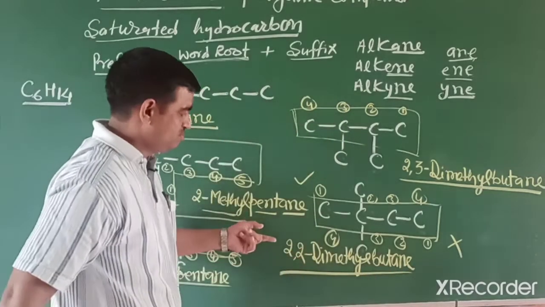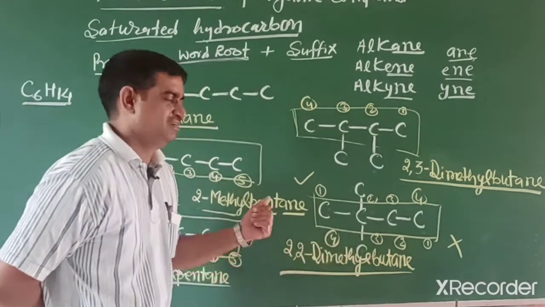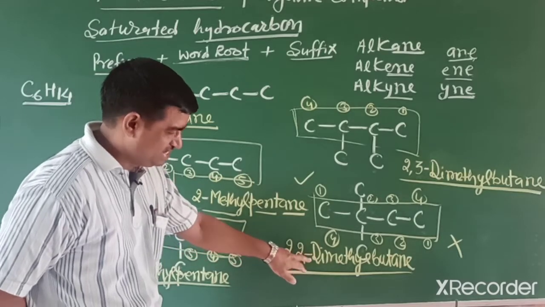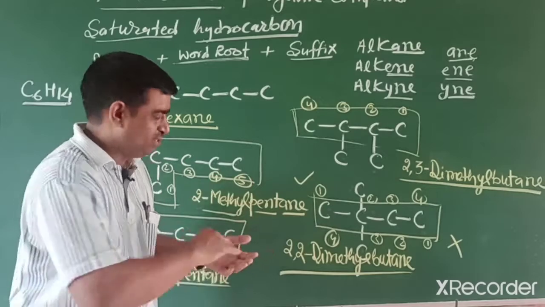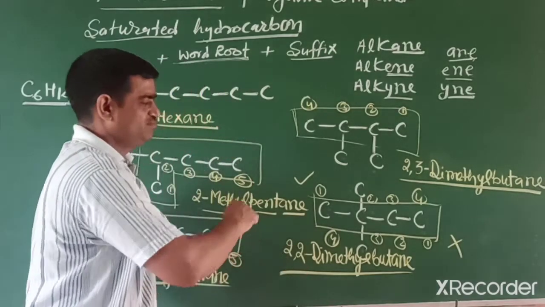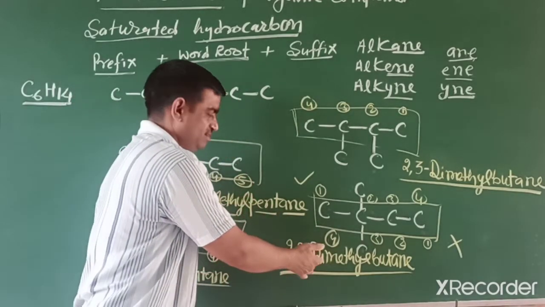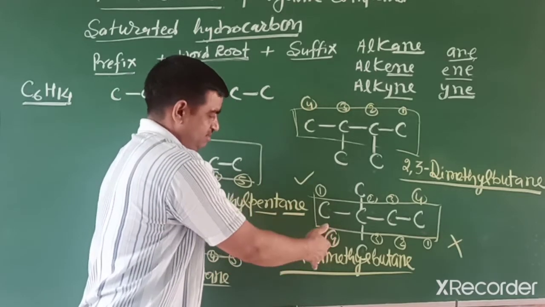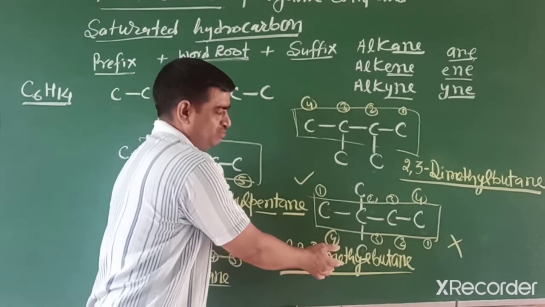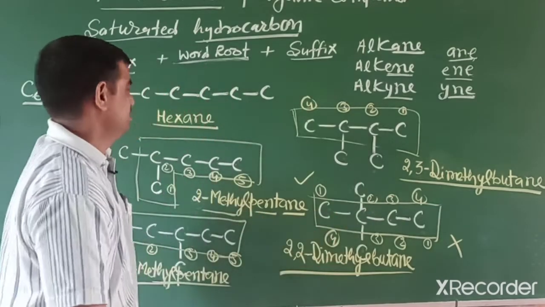Students, don't leave a gap, not a single character, in this name. So write comma and dash, because they are text, integer and text, and we have to join, we write a dash. But when we pronounce it, we don't pronounce this dash. The name is as pronounced, 2, 2, dimethyl butane.